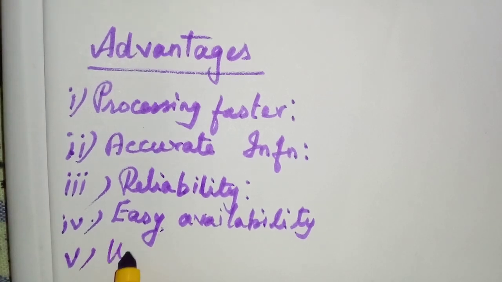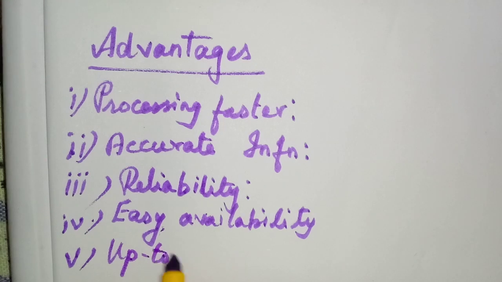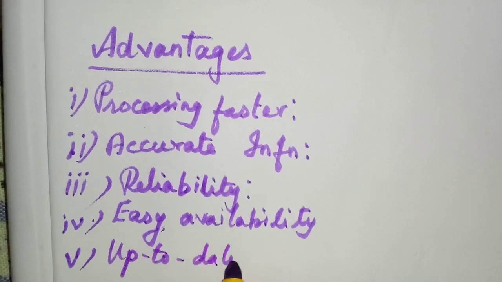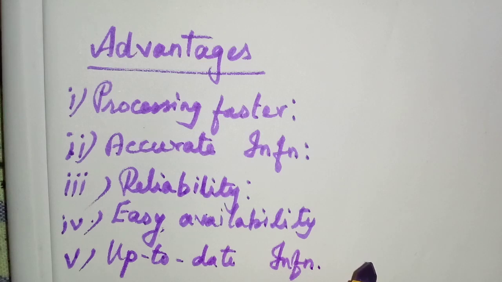Again, up to date information. The information is up to date, because today we can see the balance sheet, and tomorrow after entering all the transactions we can see the balance sheet or the trial balance.